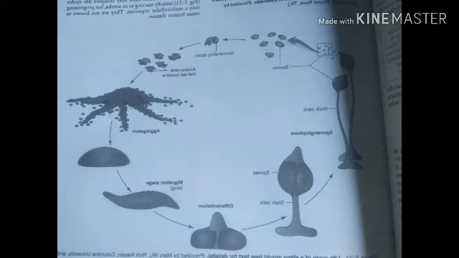Then differentiation, where slime molds can have a stalk, cells, and spores, down to the last stage, which is the sporangiophore. The amoeba has stalk cells, and then these slime molds go back to spores. It is a continuous process, the life cycle of slime molds.